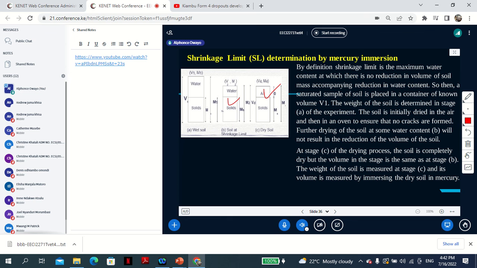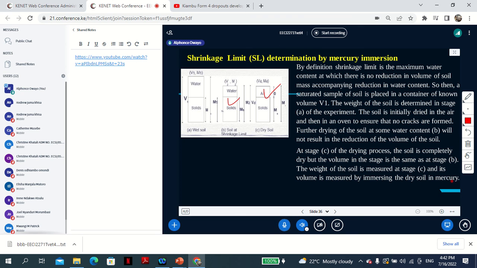That's the point. So at stage C of the drying, the soil is completely dry, but the volume is the same as stage B. The weight of the soil is measured at stage C, and its volume is measured by immersing the dry soil into mercury. So we are putting it into the oven to make sure it's completely dry.